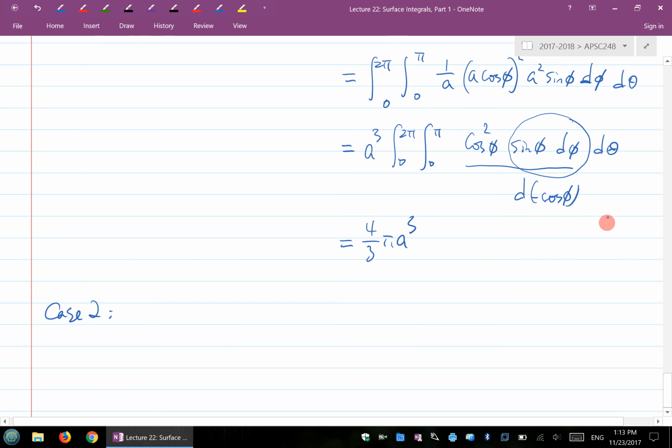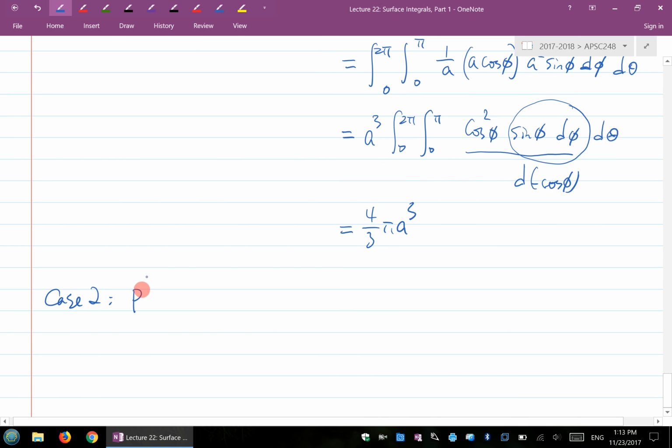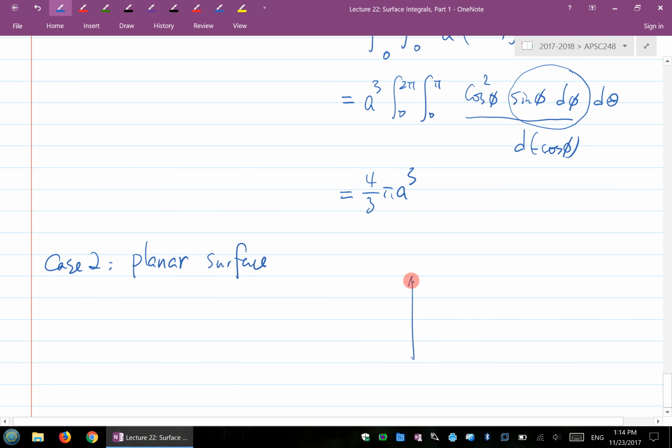Okay, let's look at another special case, number 2, which is a planar surface. I'll illustrate what a planar surface is. For example, let's say we are given a surface like this, and this surface says z equal to a.